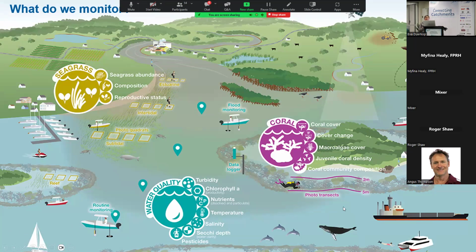And we monitor coral because if we have a healthy coral system, then that again supports a whole range of other values and ecosystem components. Within each of those, we look at both indicators of the current condition of coral and seagrasses and indicators of their resilience and their reproductive ability to spring back after disturbances.